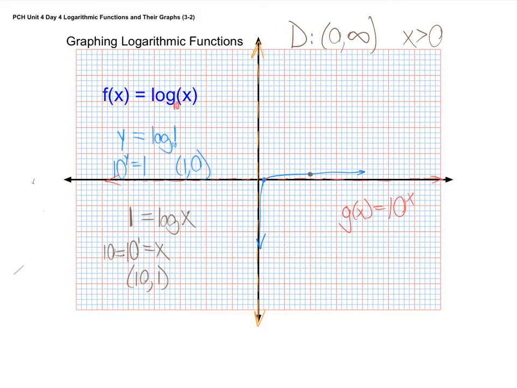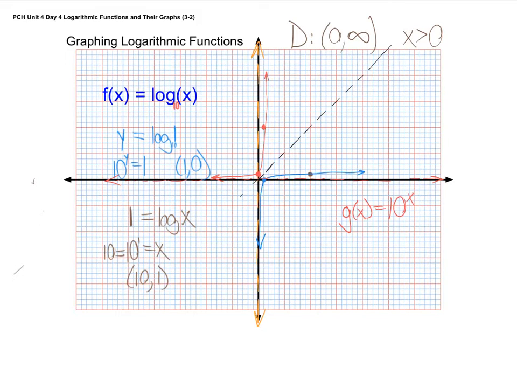It has a y-intercept at 1, and when x is 1, y is 10, right? How does this graph relate to the graph of log base 10 of x? Reflected across y equals x.